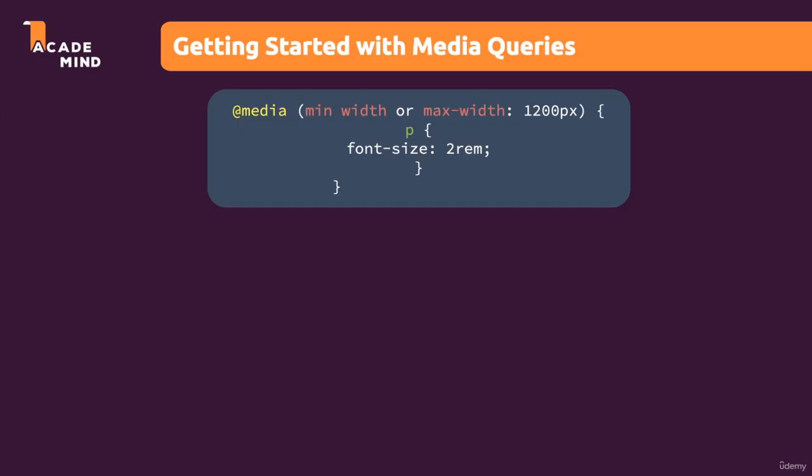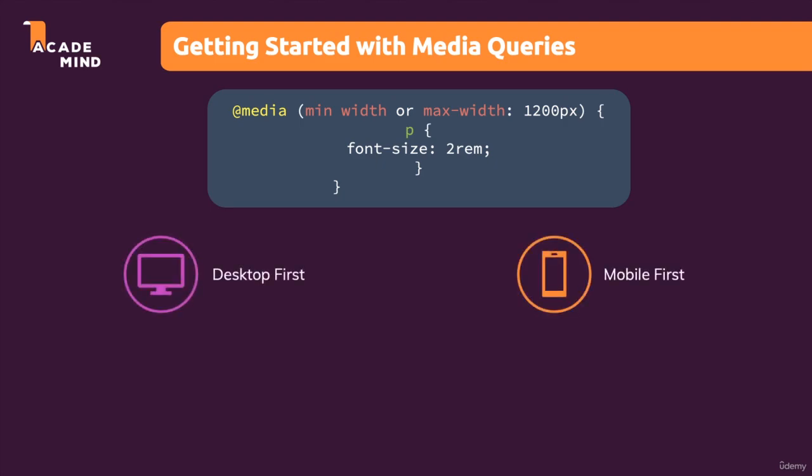Now, what about this min-width and max-width though? Well, min-width and max-width are again related to the desktop first or mobile first approach that we are using when creating the website. If you created a desktop first website like we did, we will use the max-width keyword in here. Why the max-width?